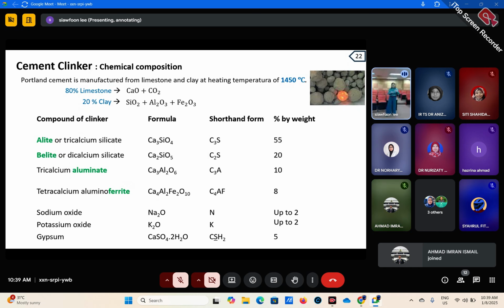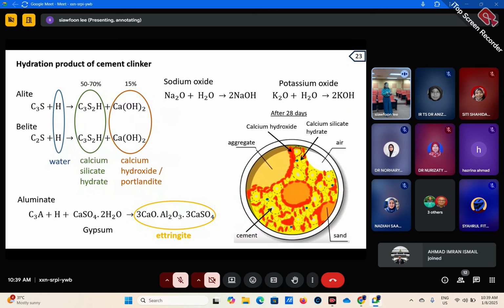So this is the powder that you see when you mix it with water to form the cement paste. When you mix the cement with water, it goes through some kind of chemical reaction. It will start to form C3S2H3, which is called calcium silicate hydrate.